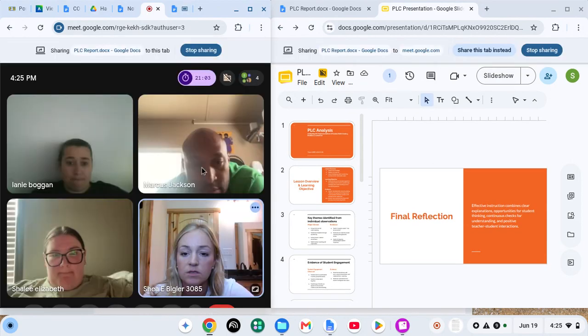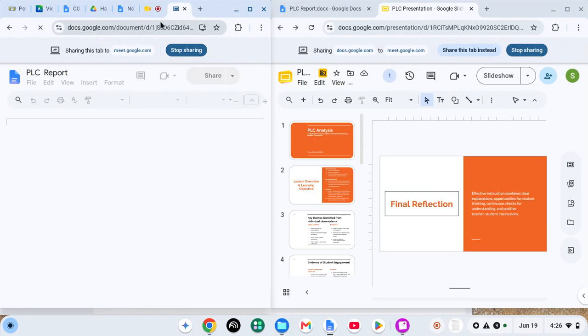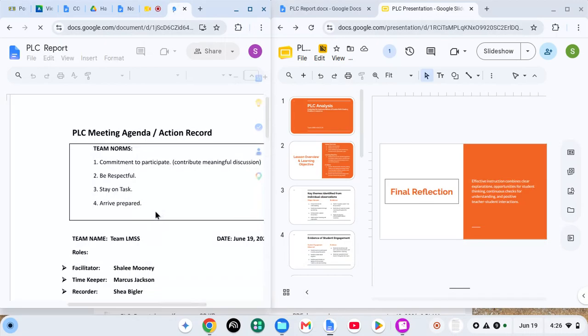Let me see if I can get it pulled up. Is this the right one? I think so.